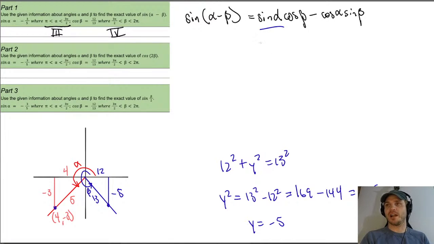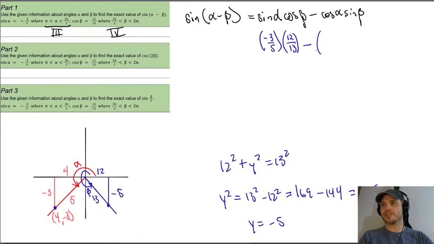Okay, so why did I do that? Because I've got sine alpha, cosine beta, which is what we're given, but then I need cosine of alpha and sine of beta. Now I can actually calculate those things. So let's take the given that we got sine alpha equals negative 3/5. Negative 3/5 times cosine of beta, which we're also given, is 12 over 13, minus cosine of alpha.